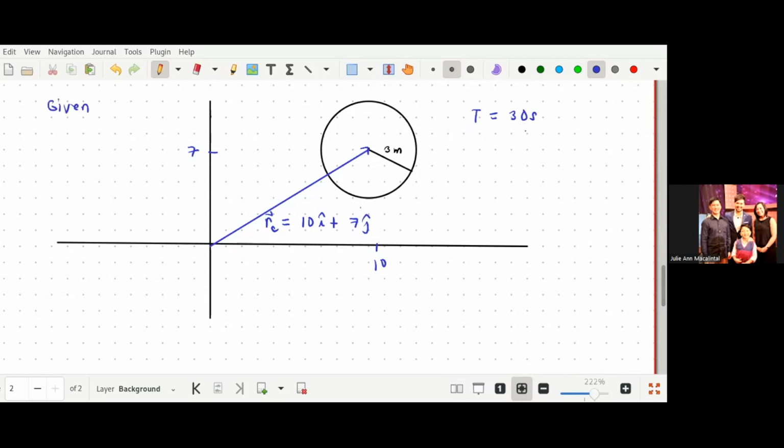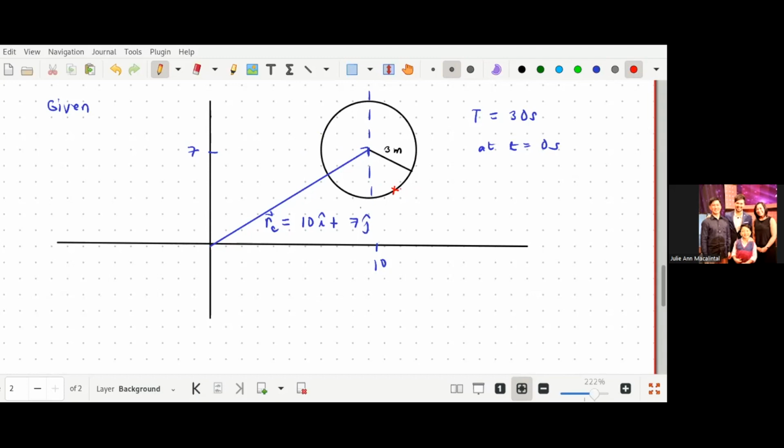And it's also known that at t equals 0 seconds, let's say I draw a horizontal and a vertical line, the initial position of the particle is at this point.